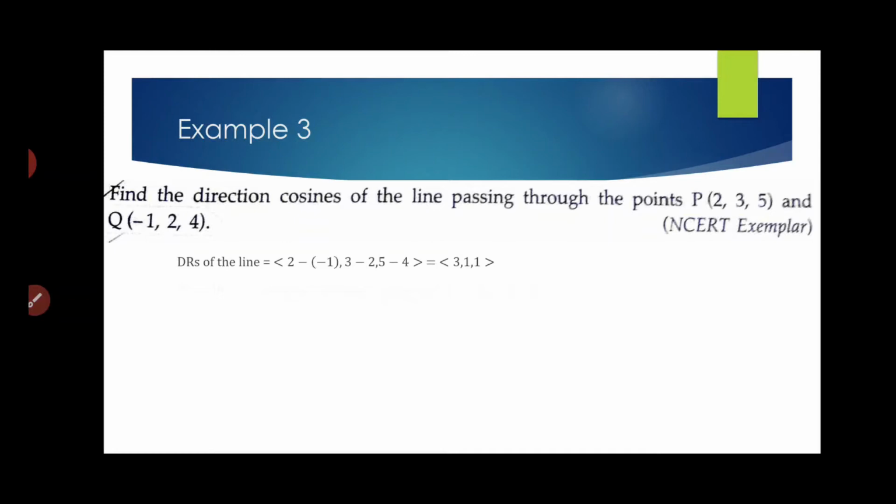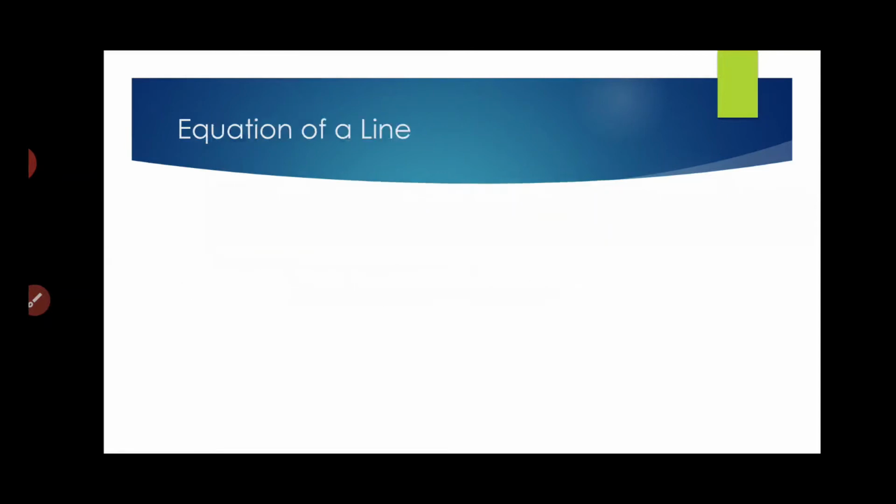So that gives you 3, 1, 1. So therefore the direction ratios are 3, 1 and 1. Now in this question they ask you to find direction cosines, so you just divide it by the modulus and you get your answer.